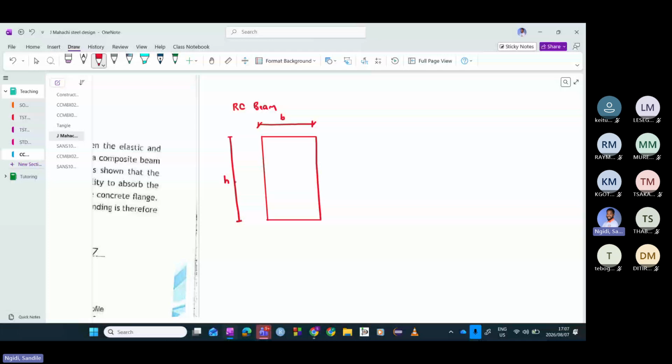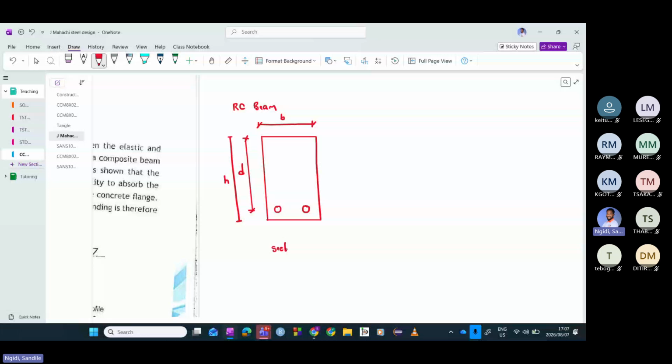And if we measure the distance from top to these reinforcing bars, then this distance we call the effective depth. So that's just the cross section of a rectangular concrete section. And obviously, if this is a rectangular cross section, then finding the neutral axis is really easy. So the neutral axis is somewhere here. This is where the position of the neutral axis is.